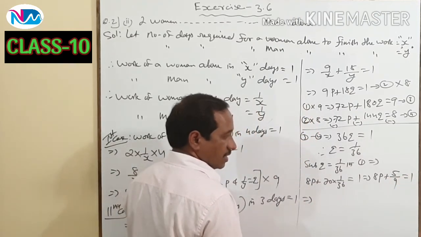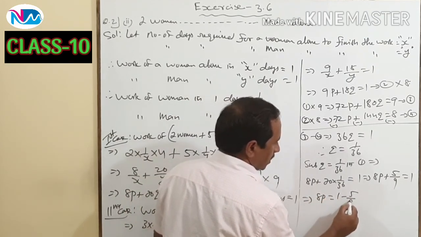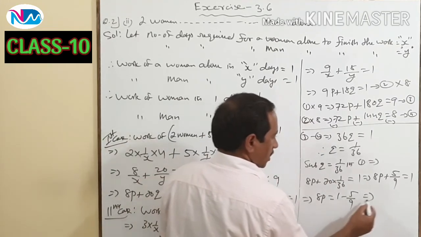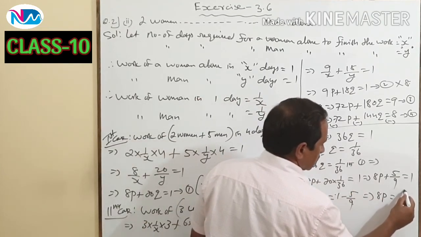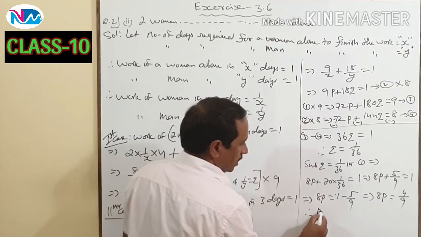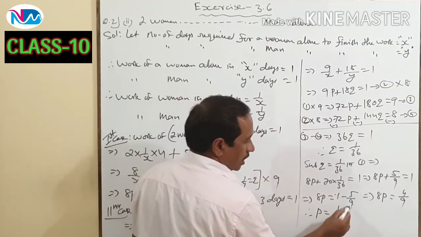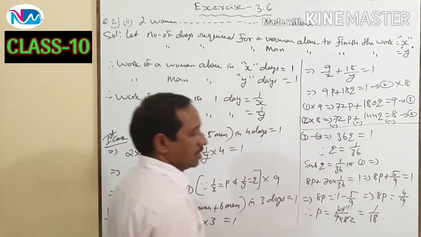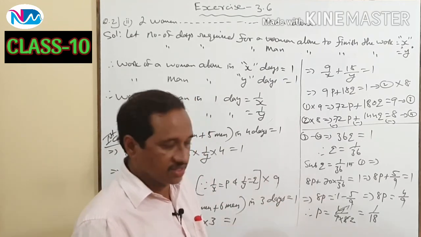That gives 8p is equal to 1 minus 5 by 9. That gives 8p is equal to 9 minus 5, that is 4 by 9. And therefore p is equal to 4 by 9 into 8. 4 and 8 will be cancelled, so it is equal to 1 by 18. So we have q is equal to 1 by 36, p is equal to 1 by 18.